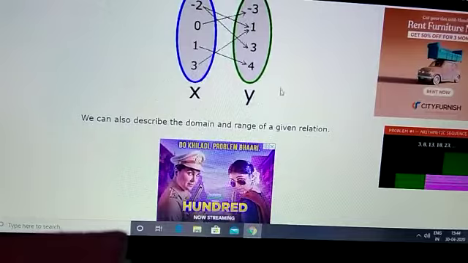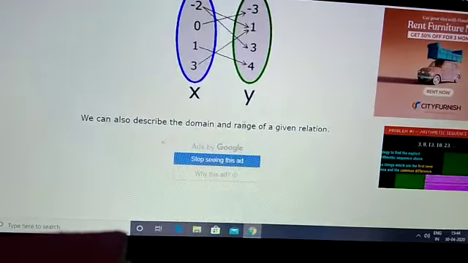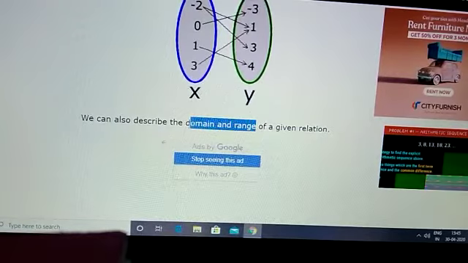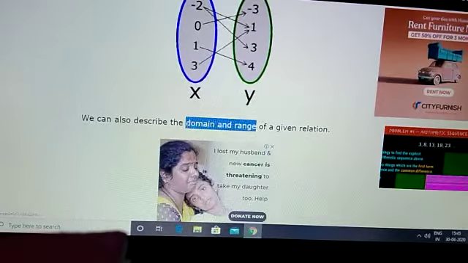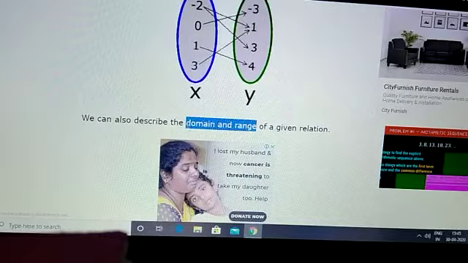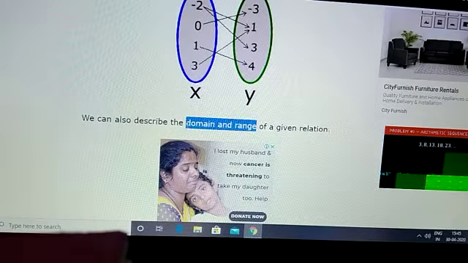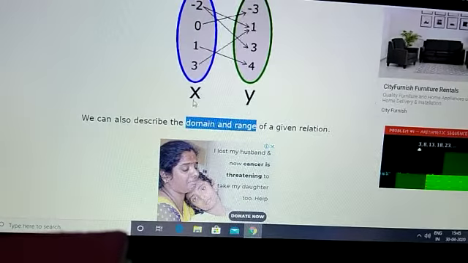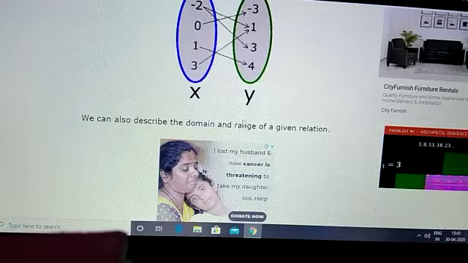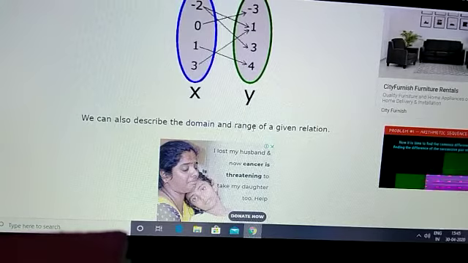Now there are two important points after the relation, which are domain and range. What is a domain and what is a range? The set of elements of x is known as the domain, and similarly the set of y is known as the range.